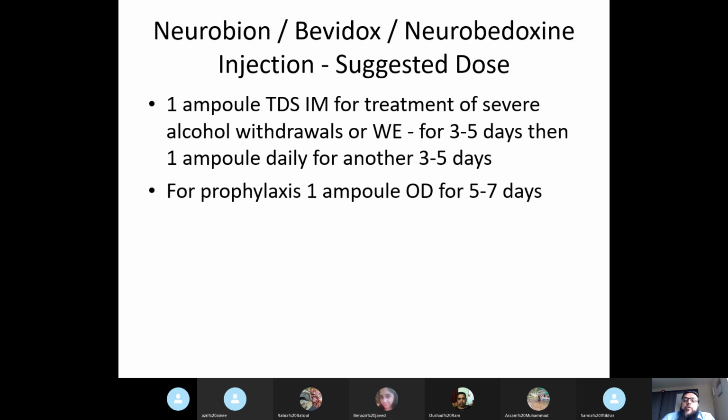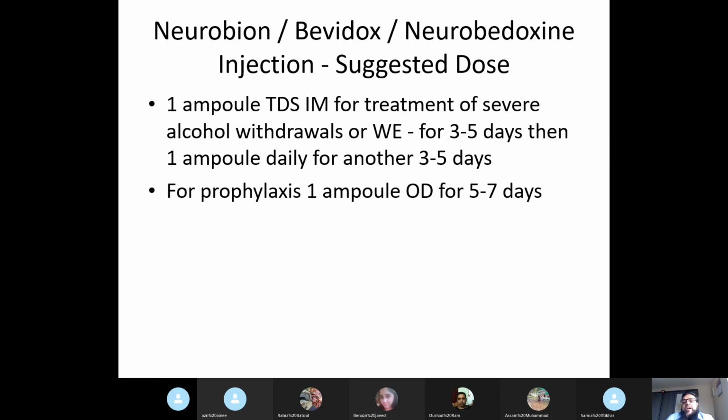Bavidox, again I'm not promoting any company, but when I checked, it had a little less thiamine, but otherwise it can also be used. For alcohol withdrawal, 3 to 5 days, 1 ampule TDS. That's what I would suggest.